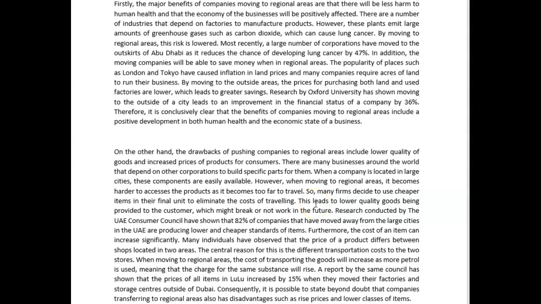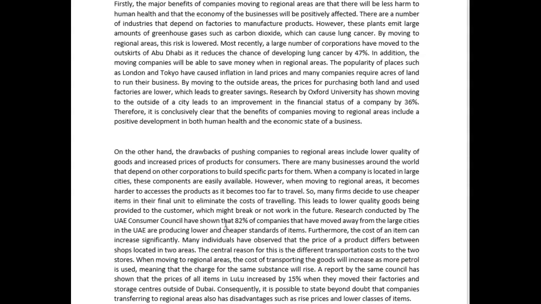Research conducted by the UAE Consumer Council has shown that 82% of companies that have moved away from the large cities in the UAE are producing lower and cheaper standards of items. Furthermore, the cost of an item can increase significantly. Many individuals have observed that the price of a product differs between 2 shops located in 2 areas.